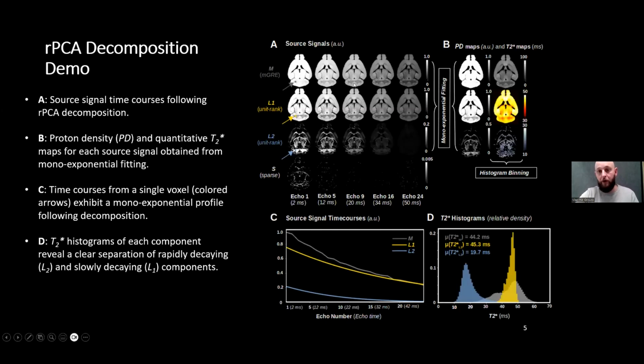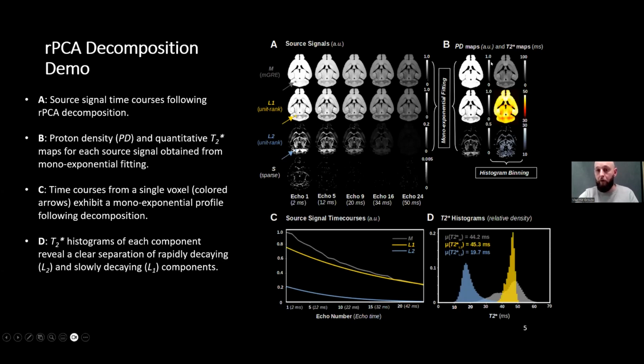if we scan a mouse with a gradient echo sequence and look at our results as a function of echo time, we see that this L1 output decays much more slowly than the L2 component, and we get some noise sequestered into the sparse. Fortunately, our ex vivo scans were pretty high resolution, so not a lot of stuff comes into the sparse.